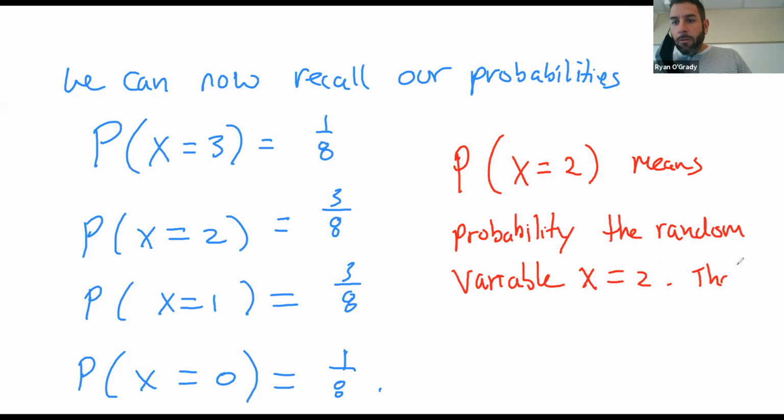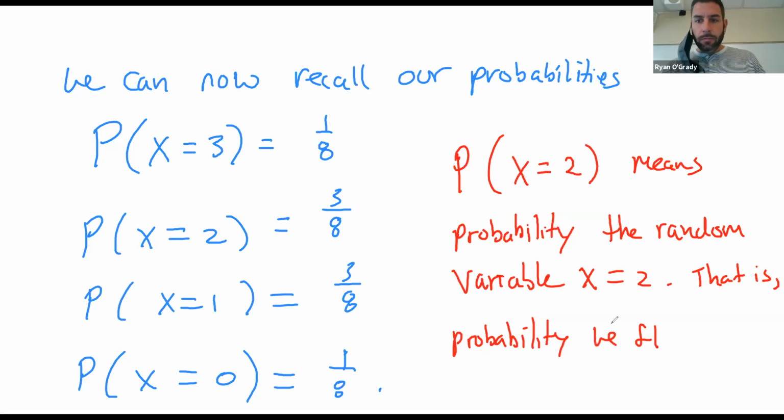That is, in shorter terms, the probability that we flip 2 heads.